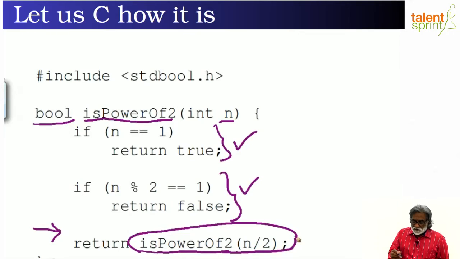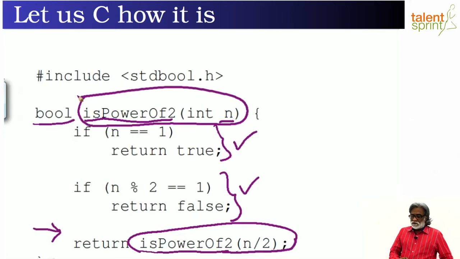If you notice, we started defining a function called is power of 2. It took an argument n. Then we checked whether the terminating cases are true. In two cases, our algorithm will terminate. It will terminate if n is 1 or if n is odd and not 1. In both cases, we know the answer.